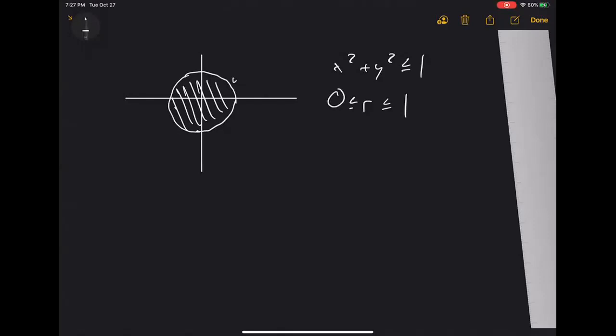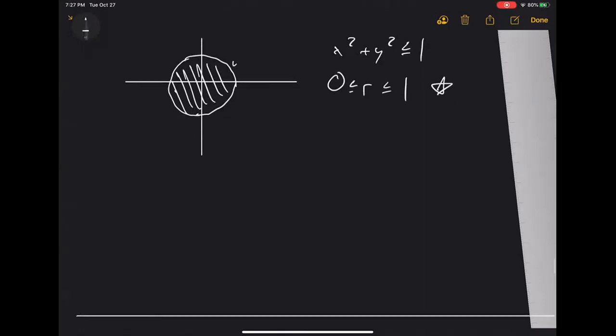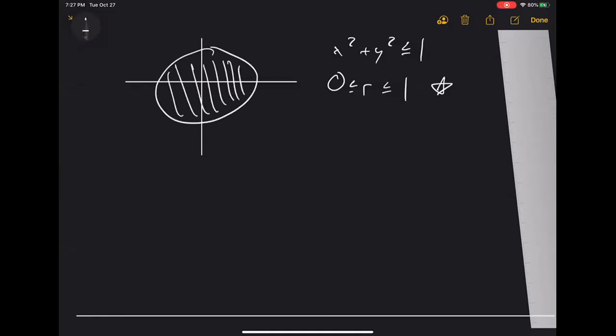And then what about our theta? I'll explain more in depth in a second why this works. What are our bounds for theta? All we have is r, right? Well, think about r equals 1. This region is made up of a bunch of points, right? And each one consists of a radius and an angle.